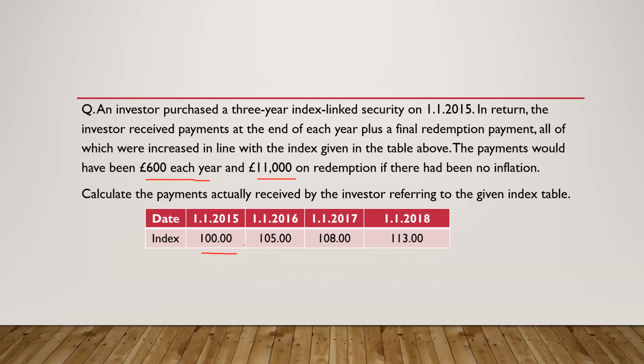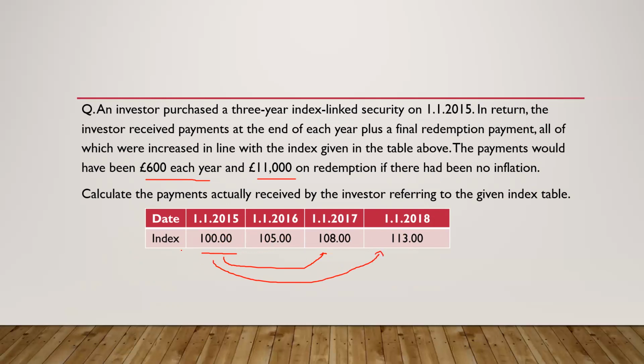So you will calculate the rate of inflation increase from 2015 to each and every year. That is from 2015 to 2016, what was the increase? From 2015 to 2017, what was the increase? And from 2015 to 2018, what was the increase?